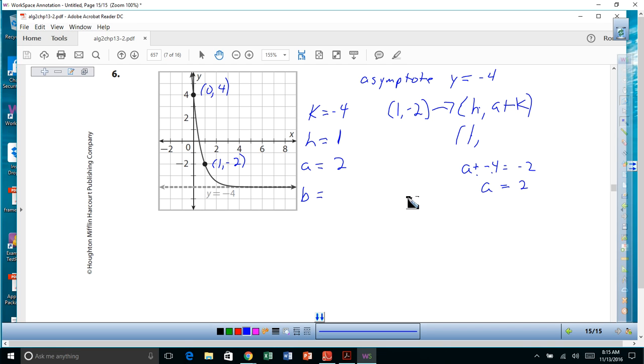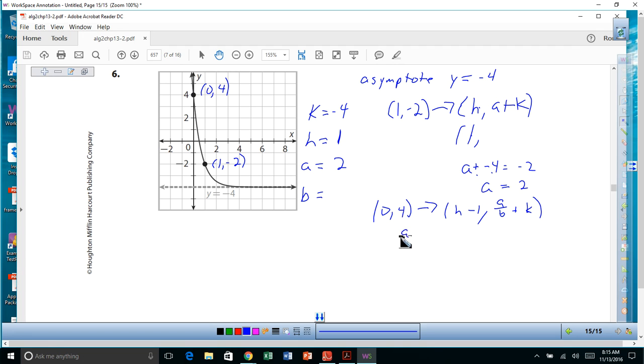And what are we missing? We're missing the b. How do we find the b? Well, we've got this point 0, 4, right? And remember, that's going to be h minus 1, and then a over b plus k. All right, so let's test it. 1 minus 1 is 0. That worked out.